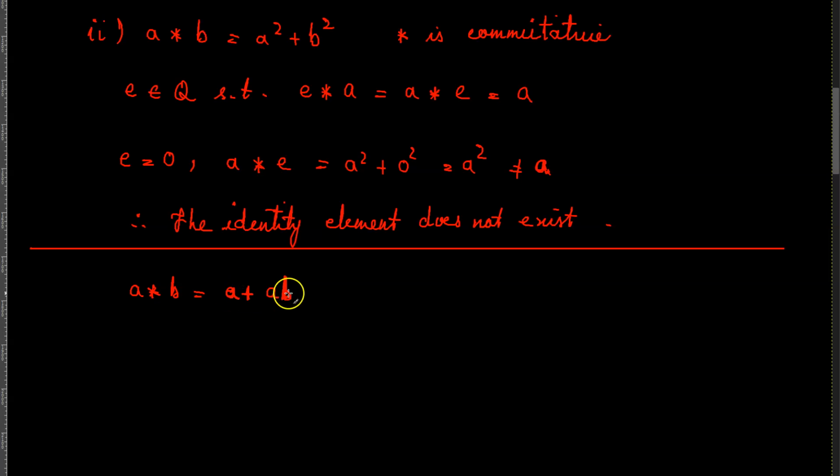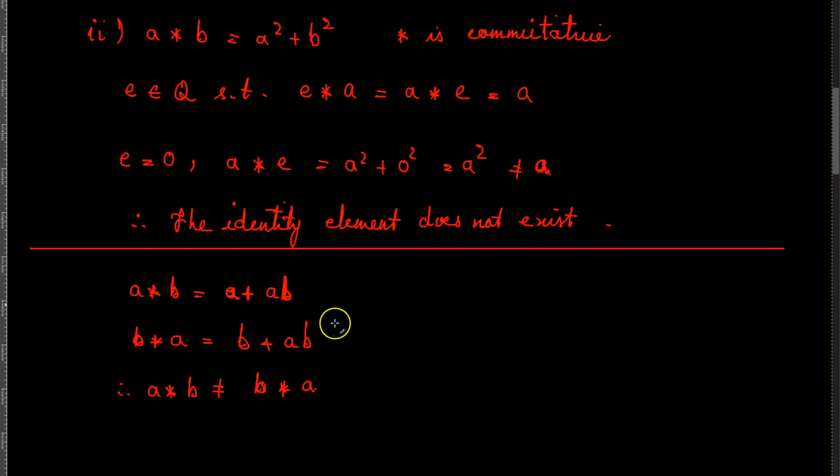First of all, this is not commutative, because you can see that A star B is equal to A plus AB, and B star A is equal to B plus AB, right? And so you can see that A star B is not equal to B star A, at least for some values of A and B belonging to the set of rational numbers.